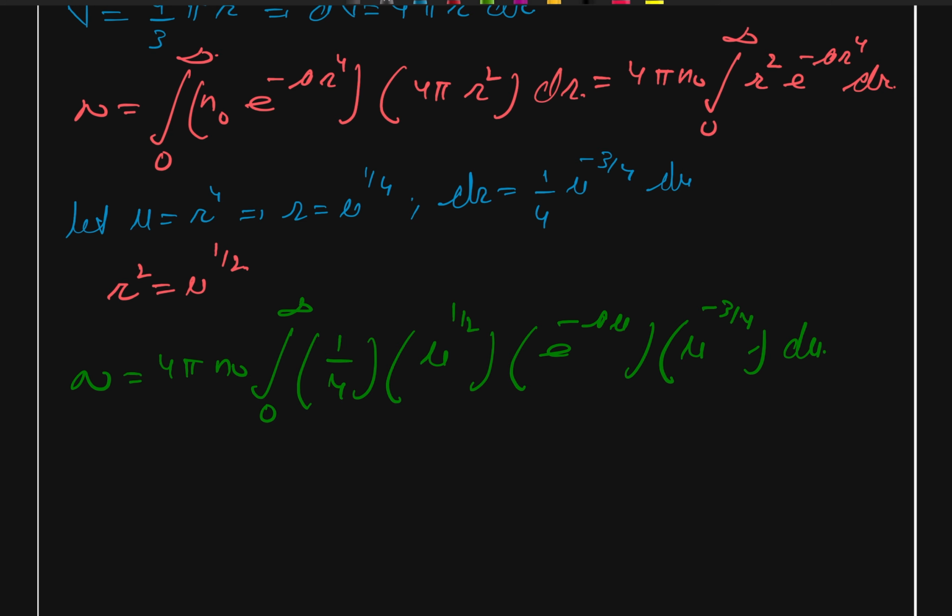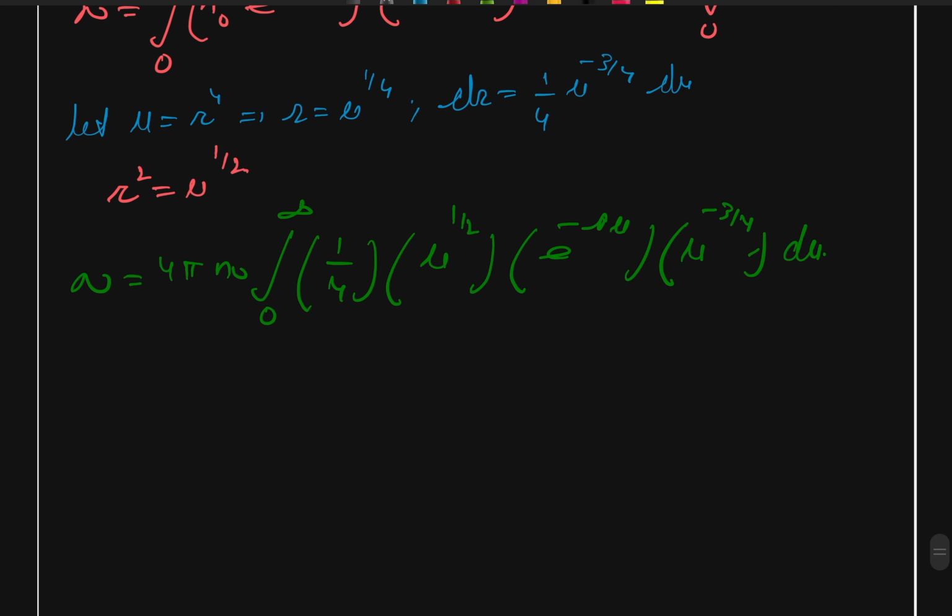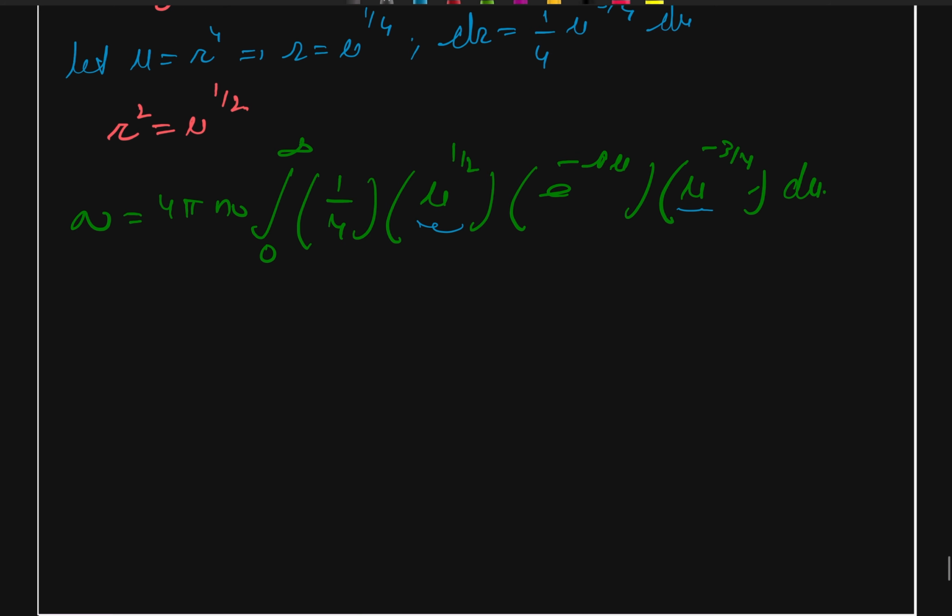Okay, so we can combine these two u's. This will be 1 by 2 minus 3 by 4, which will be giving us 2 minus 3, that is minus 1 by 4.